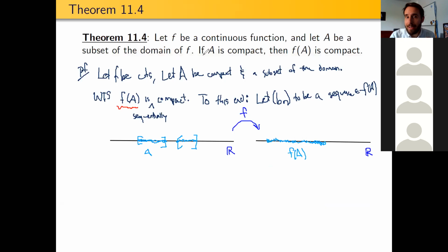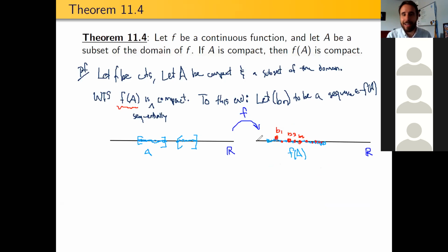To show that f of A is sequentially compact, I'm going to take this arbitrary sequence. These are the B's. Maybe this was B1, this is B2, this is B3, but I have this sequence existing over here in f of A. My goal is to show that there exists a subsequence that converges.